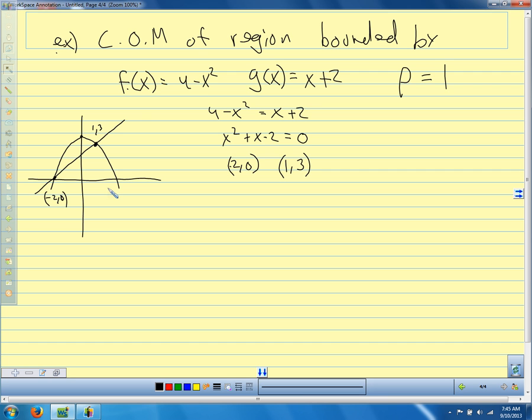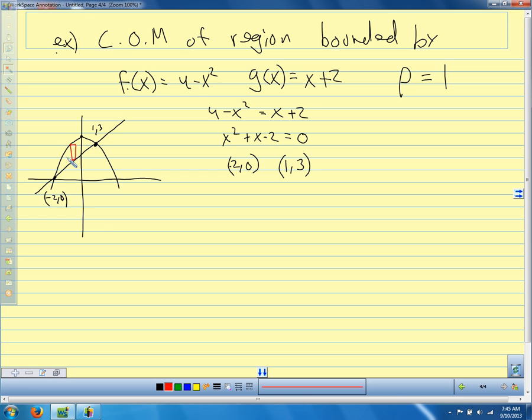So we can set our representative rectangles vertically or horizontally, as long as we keep our functions set up properly. I'm going to set my rectangle vertically like so. And that way the parabola is always the upper function, the line is always the lower function.